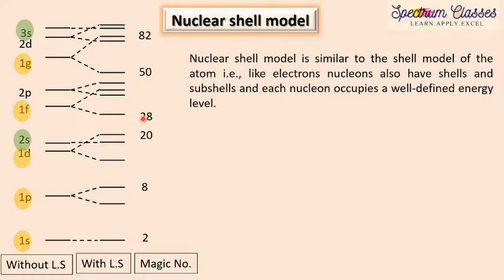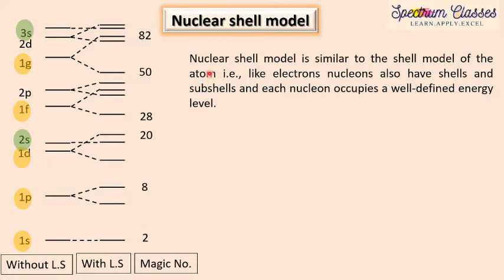So these numbers were termed magic numbers, and the nuclei which have protons and or neutrons equal to these numbers are termed magic nuclei. Such nuclei as well as the magic numbers were explained well by the nuclear shell model by considering the LS coupling, that is spin orbit coupling.